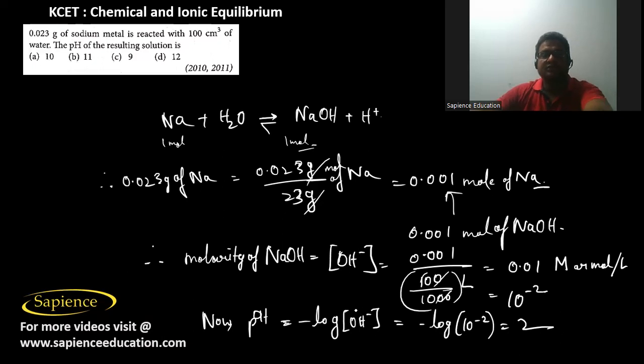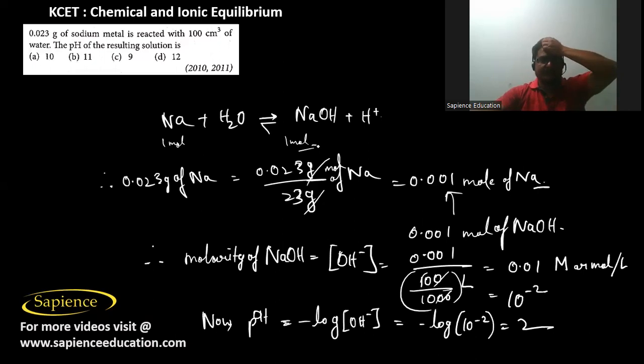So pOH is 2, and then pH we have to find. Therefore pH is equal to 14 minus pOH, that is 14 minus 2, which is equal to 12. So option D is the correct answer, that the pH of this solution is 12.